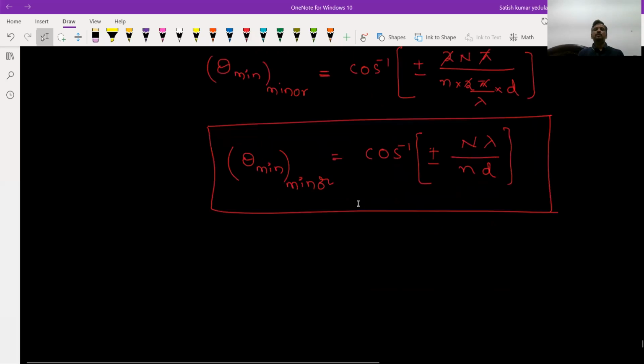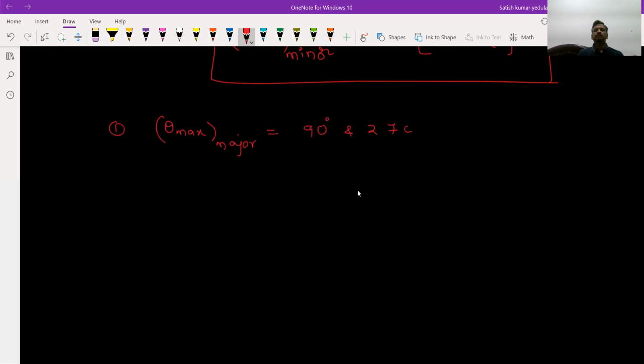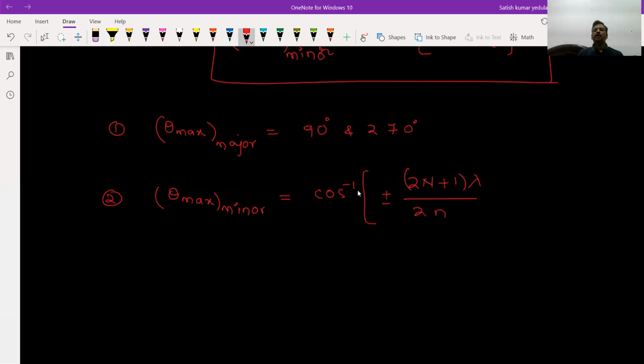Now we have got three angles. If you observe, one is theta maxima of major. There is no expression for this. Directly we have got these angles as 90 degrees and 270 degrees. And second one is theta maxima of minor, because there will be several minor lobes, which is cos inverse of plus or minus, you have to remember this, 2n plus 1 into lambda by 2nd.